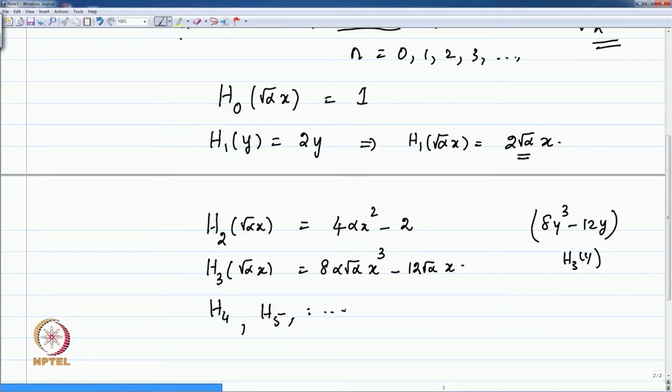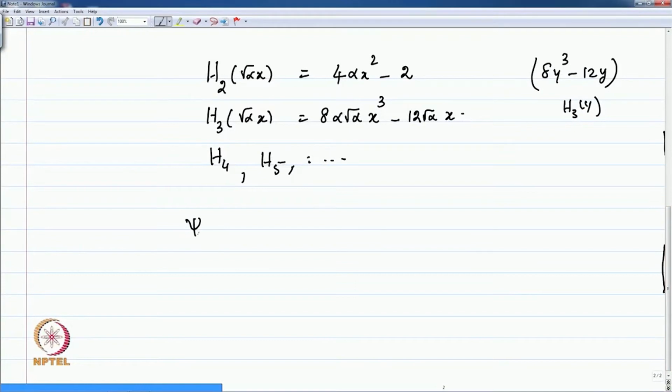Okay. And if you recall, there was a table of the harmonic oscillator functions which was given to you, and you might recall that the wave functions have a specific parity.